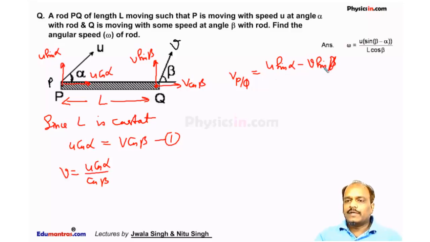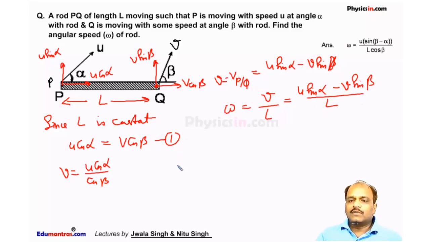So omega is equal to v by L. So it is u sin alpha minus v sin beta divided by L.